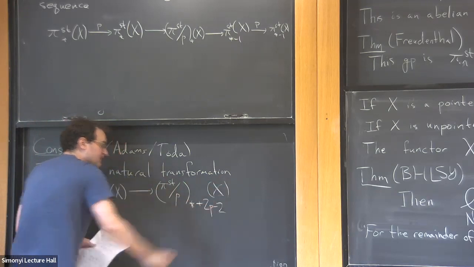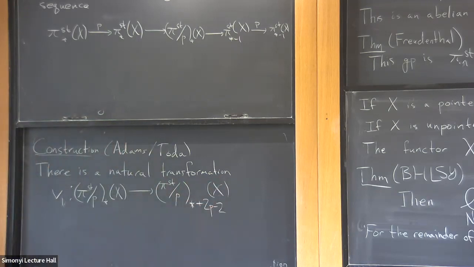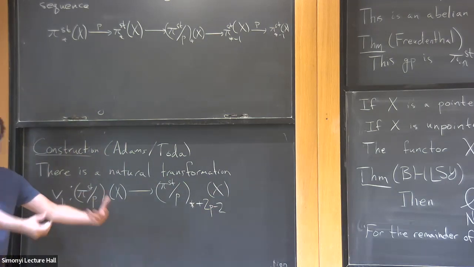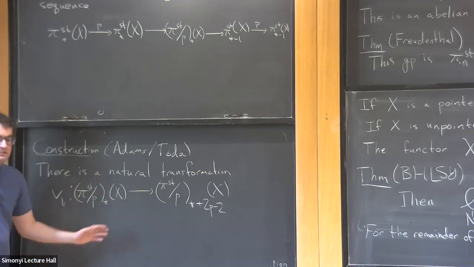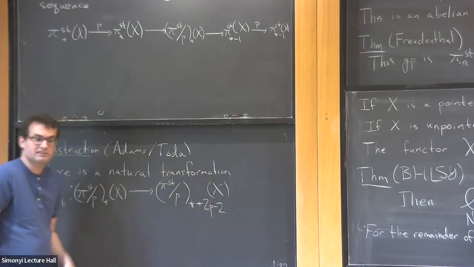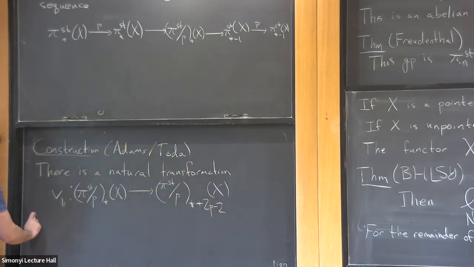It shifts degree by twice the prime minus 2. Some bizarre natural transformation, degree shifting natural transformation from this homology theory evaluated on X to itself, but with a degree shift.